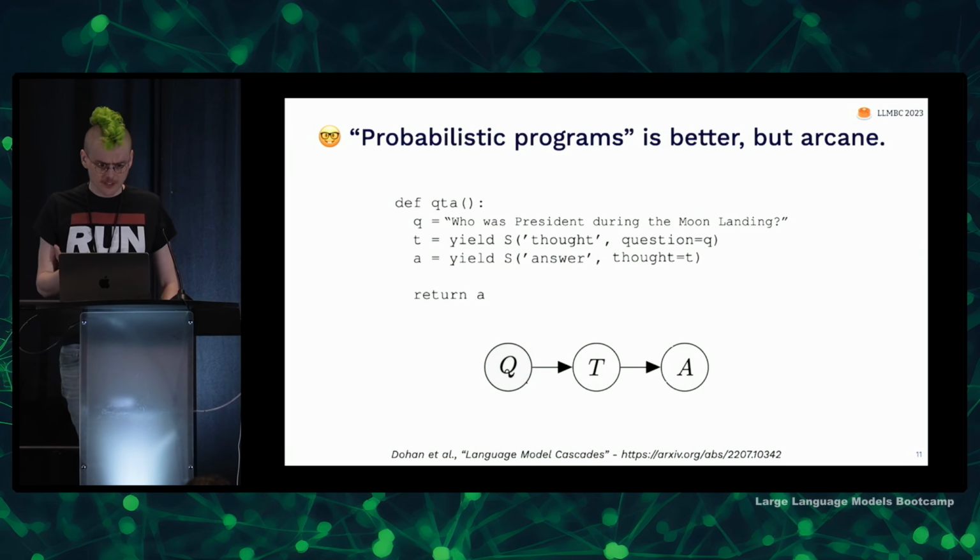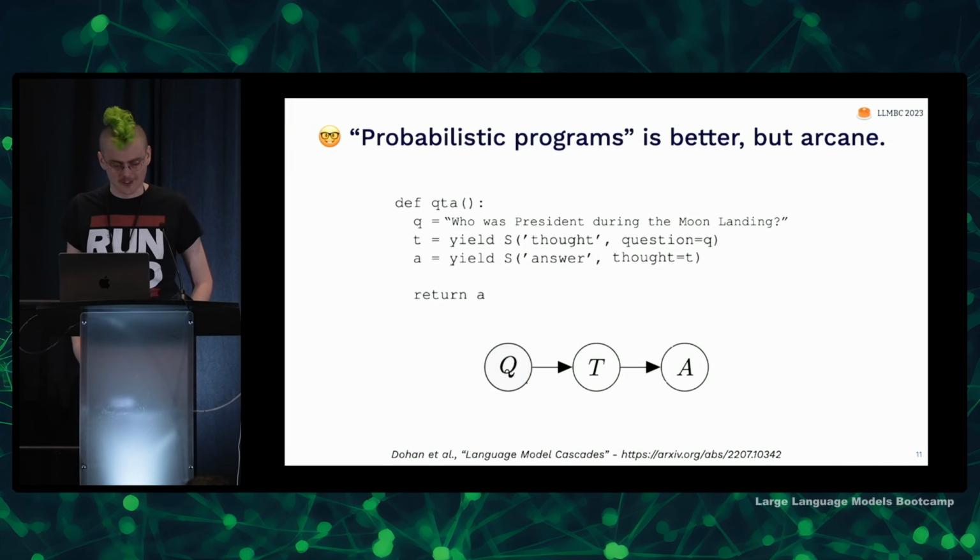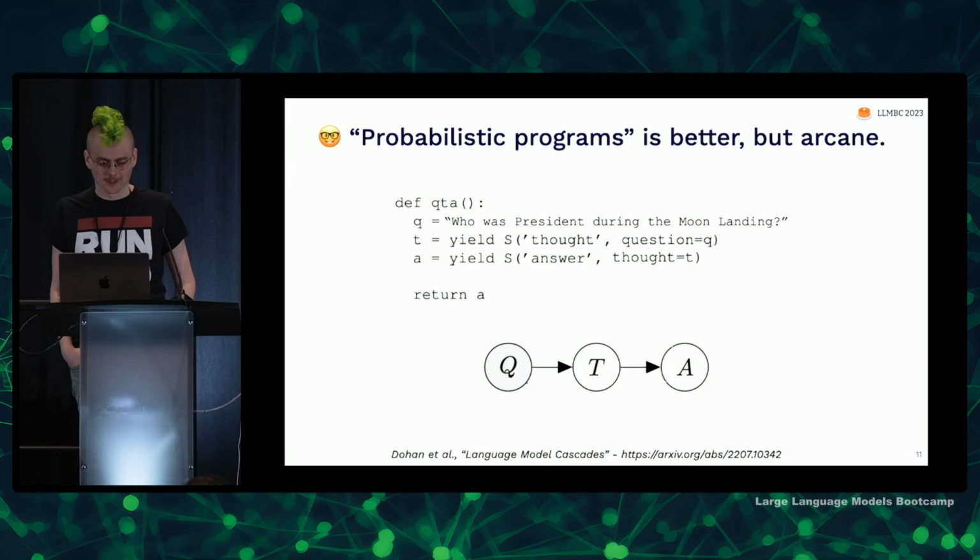All probabilistic programs can be represented with these graphical models, which come from a branch of machine learning that's been eclipsed by the rise of deep learning and LLMs in particular.